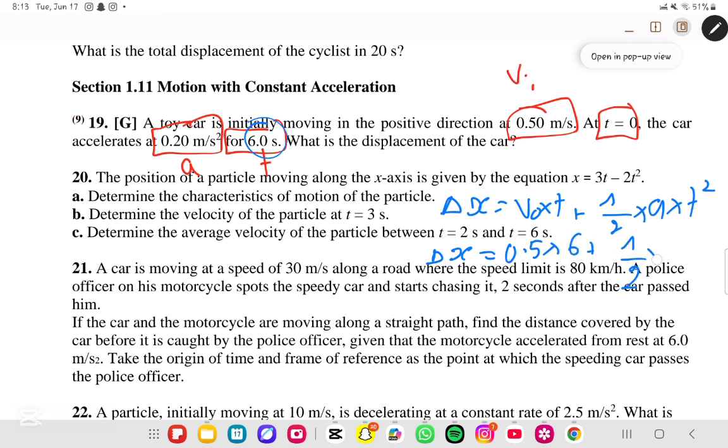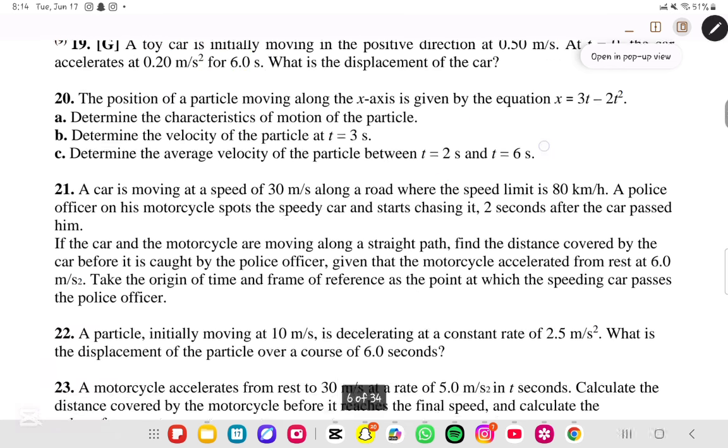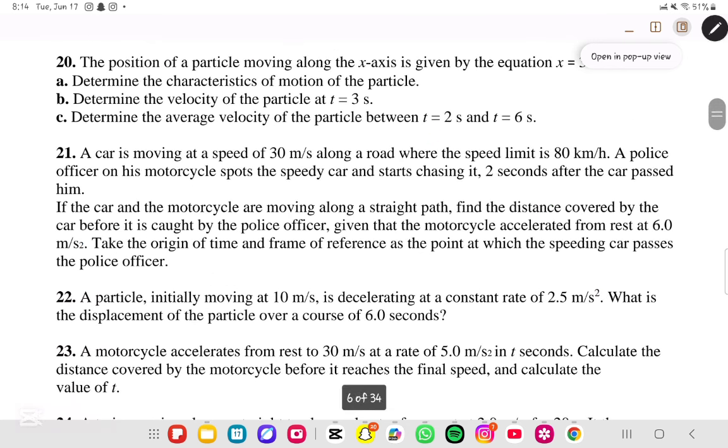Plus 1 over 2 times the acceleration, which is 0.2, times 6 squared. Put it on your calculator. It is supposed to give you an answer of 6.6 meters. So the displacement is 6.6 meters.